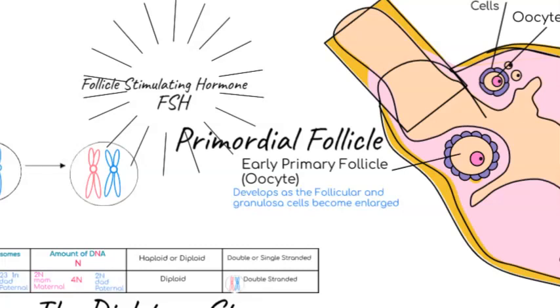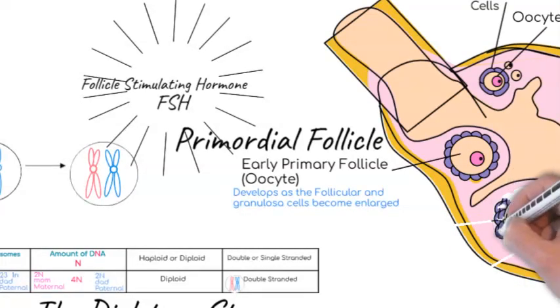Every month in the ovaries, a pool of growing primordial follicles is maintained. Every monthly cycle, about 5 or 15 of those 40,000 primordial follicles start growing. And the follicular cells, remember that sheet of follicular cells around the primary oocyte? Those follicular cells become cuboidal, meaning they get a little bit fatter.